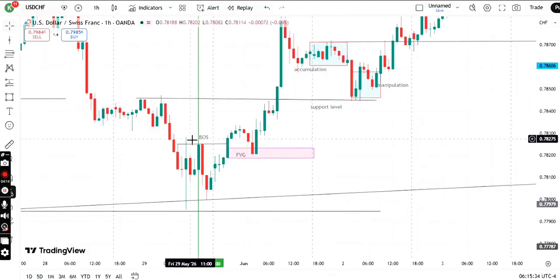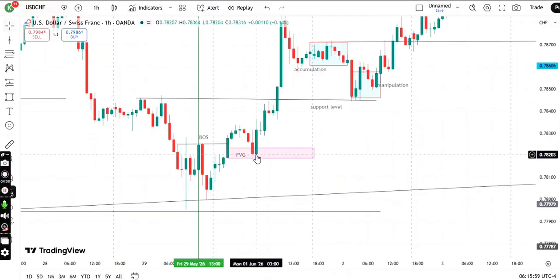On Monday, the market opened here and traded above this particular level, which is a break of structure, and when it broke this level, it created a fair value gap near it. It traded into that fair value gap in London session.